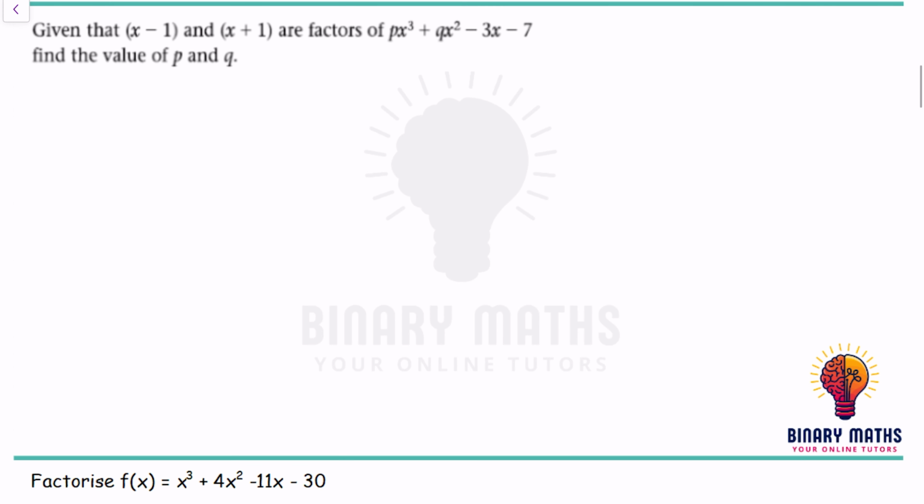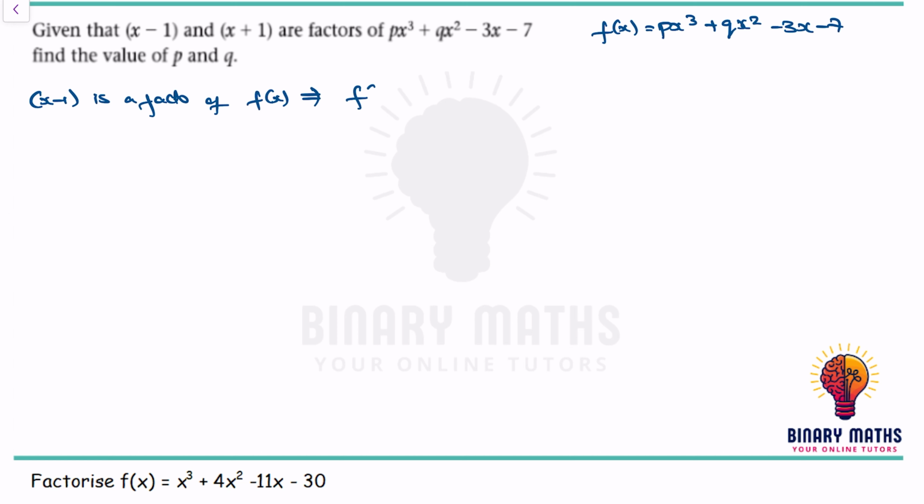Next question. Given that x minus 1 and x plus 1 are factors of px cubed plus qx squared minus 3x minus 7, find the values of p and q. So if x minus 1 is a factor of, let's call it f of x, let f of x be equal to px cubed plus qx squared minus 3x minus 7, it implies f of 1 is equal to 0.